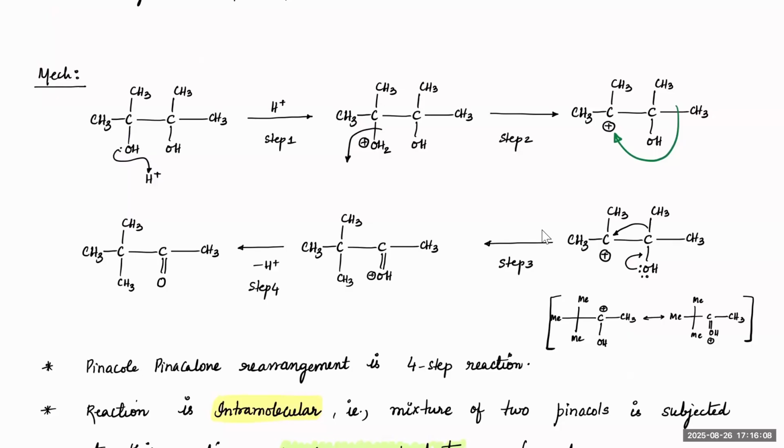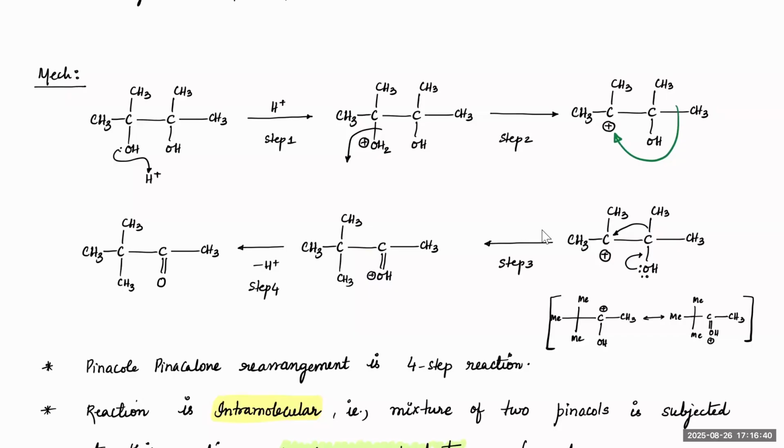Now, if the positive charge comes at this position, and then oxygen's lone pair makes a double bond with that carbon, it will become more stable because that is an octet completion. So to do that, this methyl will start shifting here. Due to this methyl migration, the oxygen's lone pair will push here and convert into a keto form.